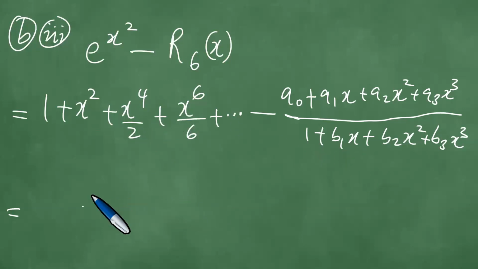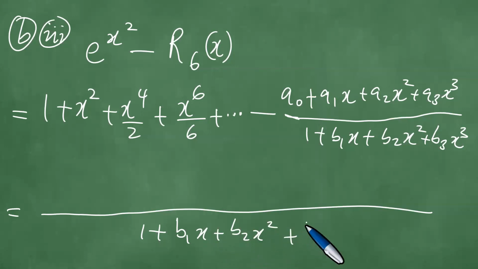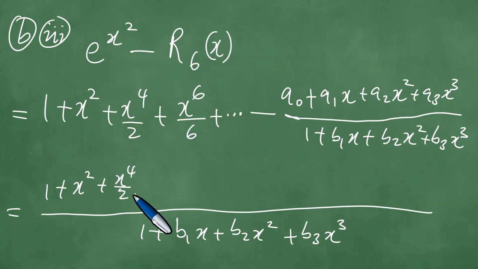So to sort of cross multiply it, to take the LCD, doesn't matter how one looks at it. So we take the LCD to be 1 plus b1x plus b2 x squared plus b3 x cubed. And then we multiply this with that. 1 plus x squared plus x to the 4th over 2, and then x to the 6th over 6.